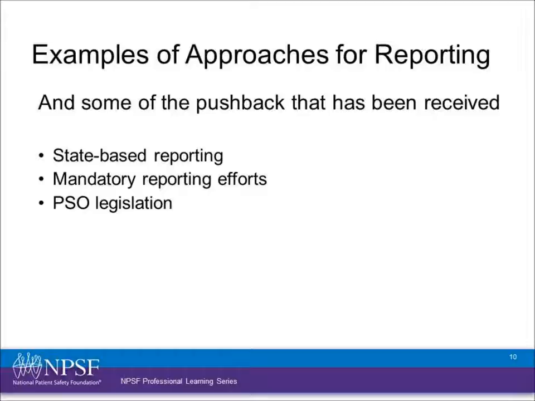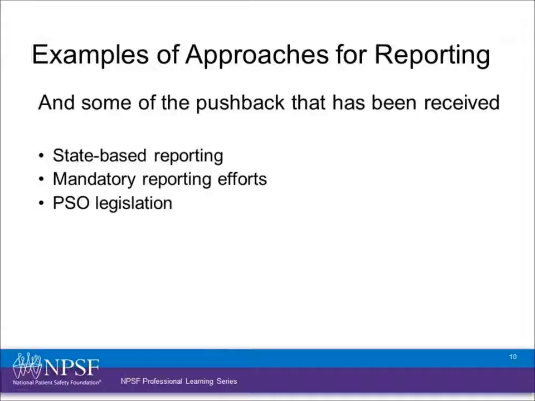And so there is this, I'd say, less than enthusiastic response to some of these state-based reporting or mandatory reporting efforts, even though there is a great potential with a larger data set to have enormous and different learning come out of them.